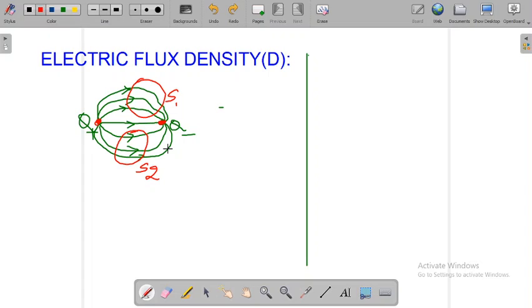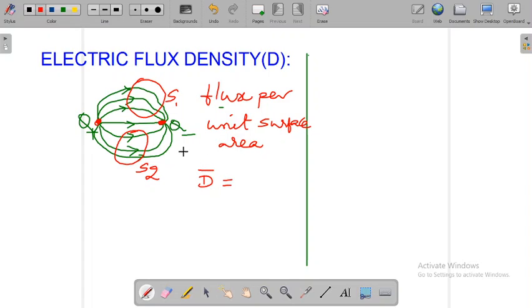Electric flux density is defined as flux per unit surface area. Here, the flux crossing this surface area, let us consider psi 1, and similarly for S2, psi 2.